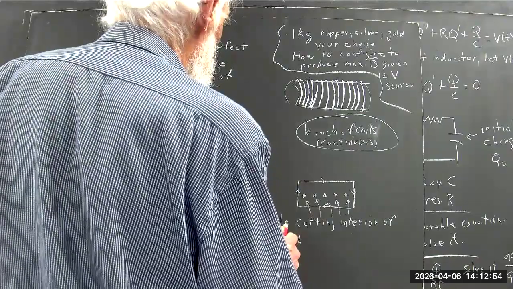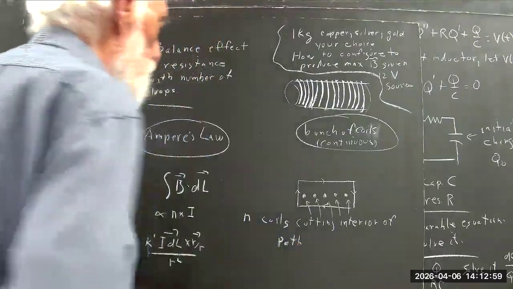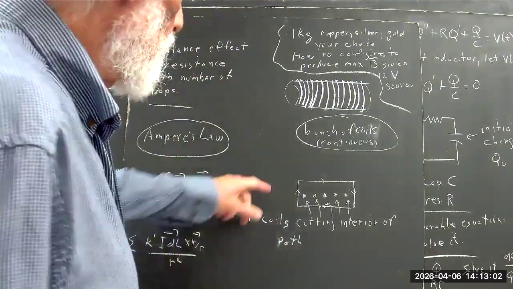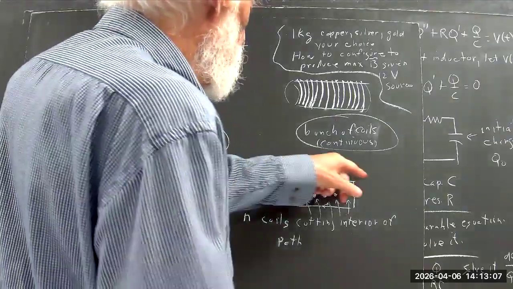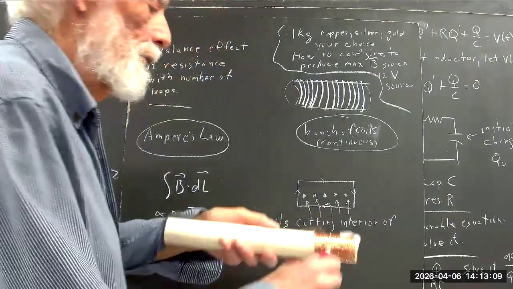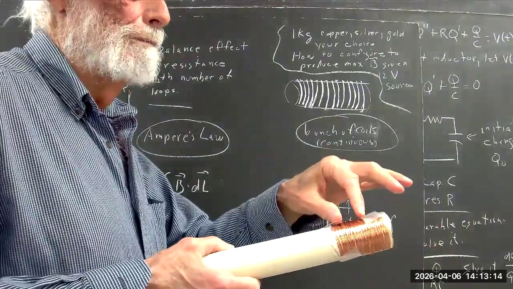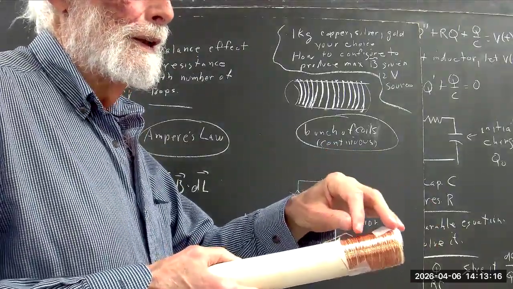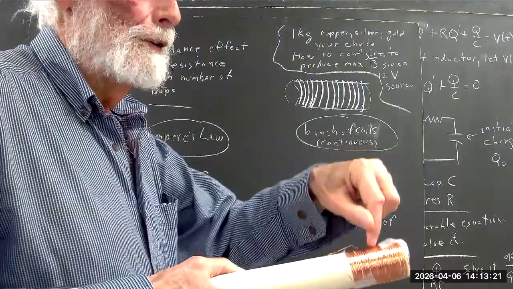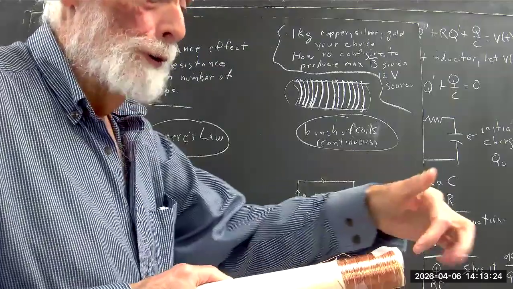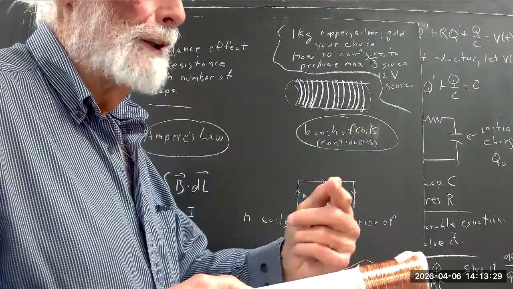I'm just giving you the general idea here. You've got a path here, a rectangular path. It extends through any part of this configuration, like this way, then straight down through the coils to the inside, and then back this way, and then comes back outside and joins up here.